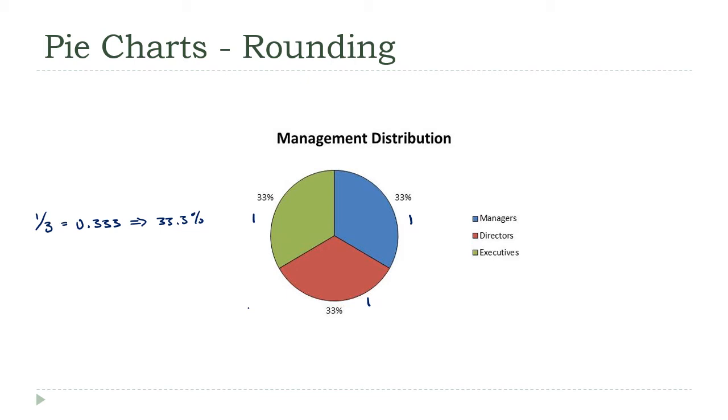You've got to round it at some point. You could round this down to 33%, and because they're all the same, they're all going to get rounded down. And that's what's going to cause you, in the aggregate, to lose that 1% that makes it total out to 99 rather than 100.